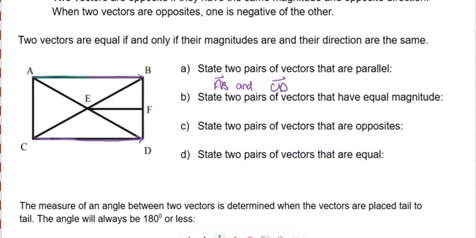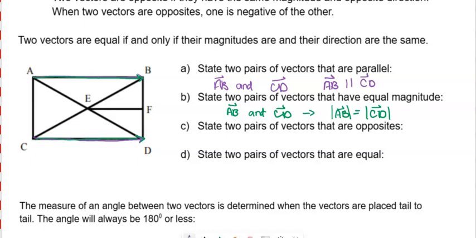Let's look at AB again. And we could also say that CD has the same magnitude. So we can write this that the magnitude of AB is equal to the magnitude of CD. We can also say back up here that AB is parallel to CD.